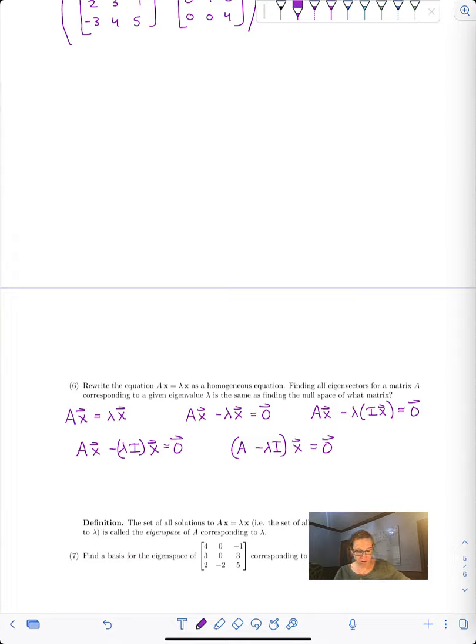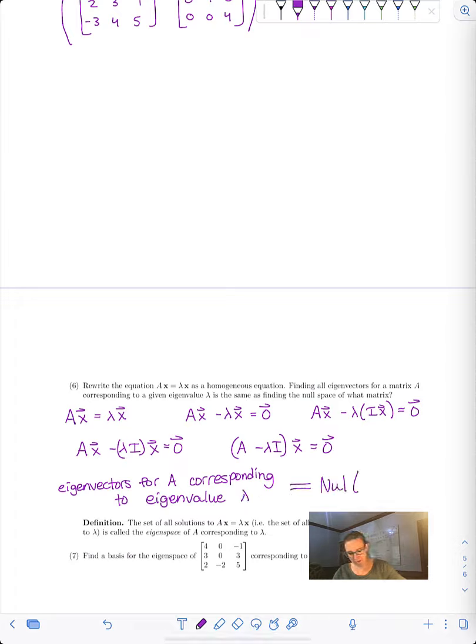So here, if we want to find all the eigenvectors for A corresponding to an eigenvalue lambda, well, that is equal to the null space of A minus lambda I. So even though we're doing something new, we know how to compute the null space. The way we're doing it and the computations we're doing are not brand new for us.